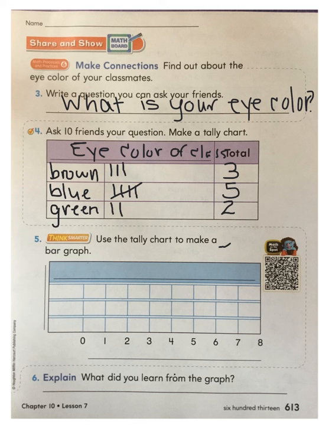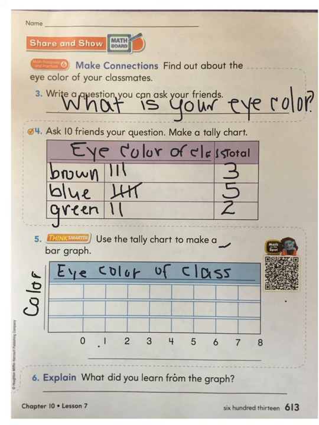Let's move on to number 5, where we're going to use our tally chart to make a bar graph. So we're going to start by putting our title, and we'll say again, eye color of class. On the side, we're going to say color.